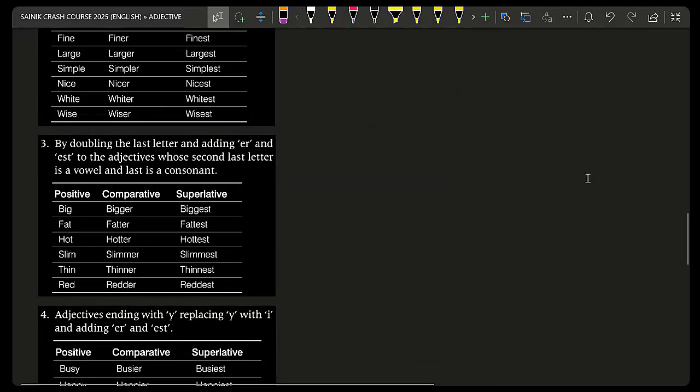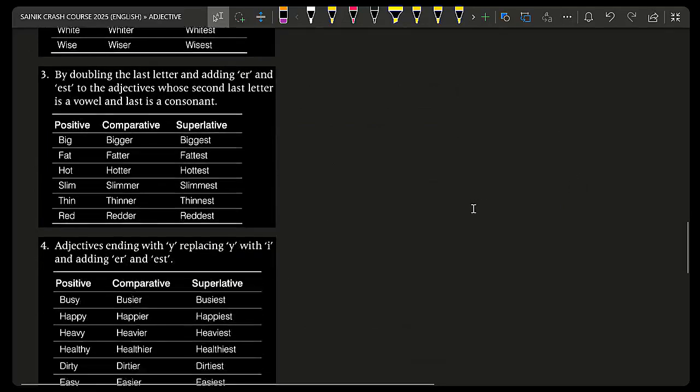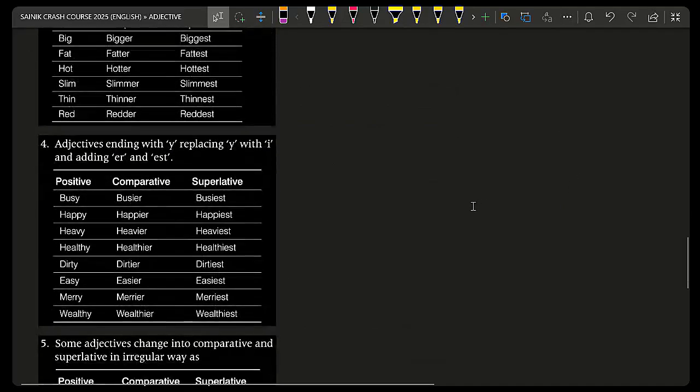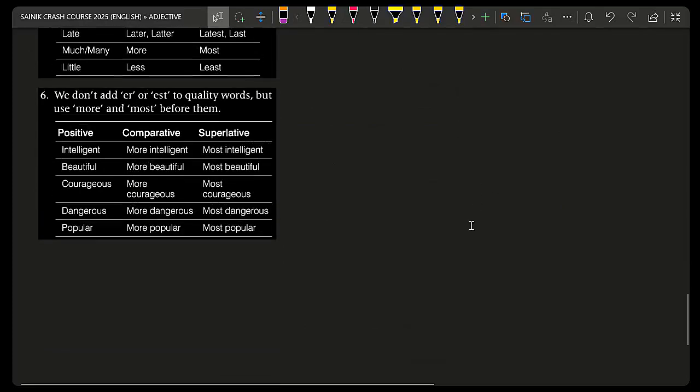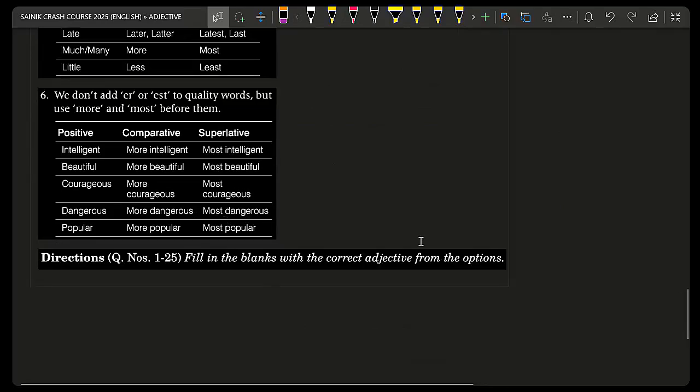Then if the last letter is a consonant and before that we have a vowel, the consonant will be repeated two times before adding er and est. Then if it is ending with y, we remove y and replace it with I, then add er and est. And some irregular ways of positive, comparative, and superlative degrees. And then finally, we use more and most before them. So after this, all of you try these questions. Fill in the blanks with the correct adjective from the options.